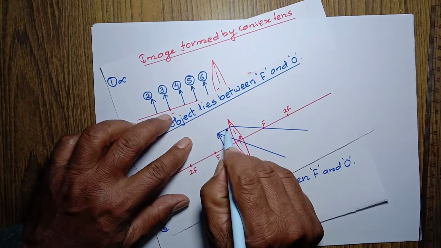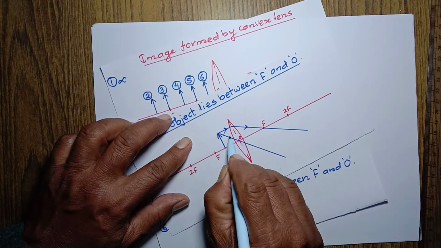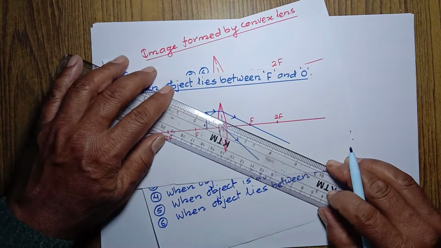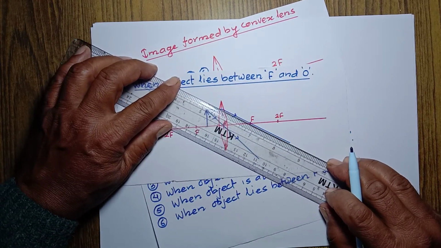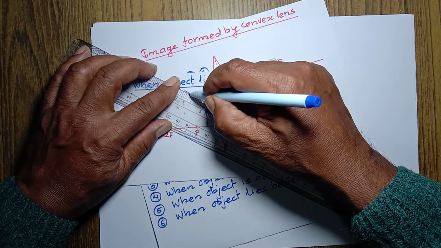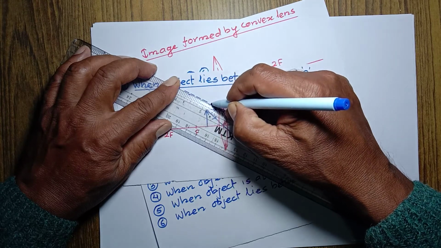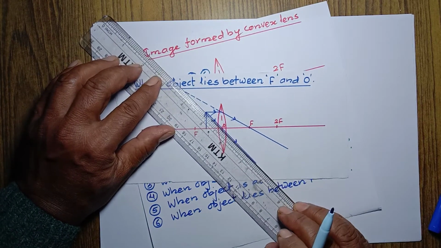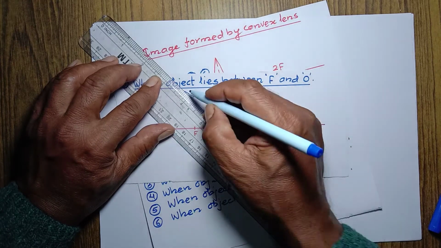Now there is no chance of intersection of these two rays. That's why we have to produce them in the opposite direction. That's why I'm producing this in the opposite direction. Look at this. And we have to produce the second ray also in the opposite direction.